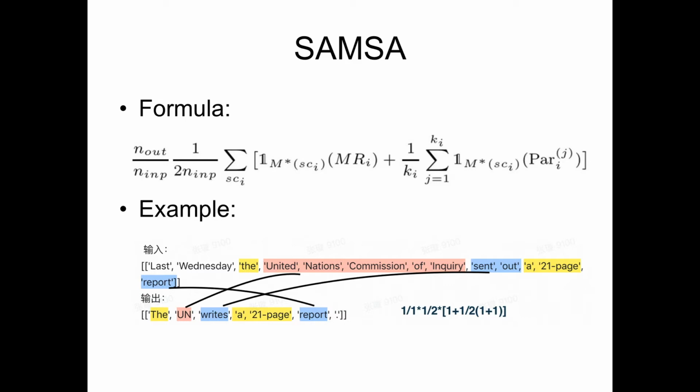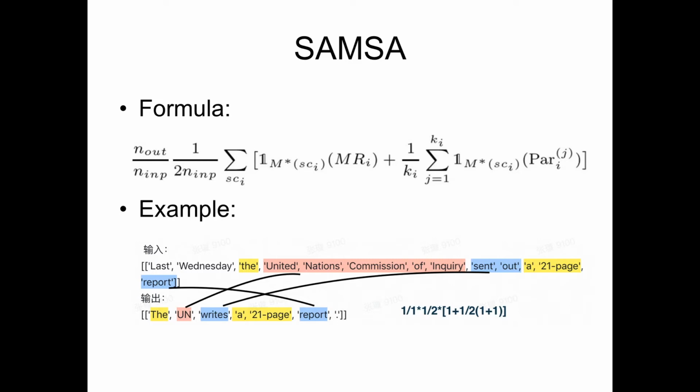The input sentence is "Last Wednesday, the United Nations Commission of Inquiry sent out a 121-page report." The output sentence is "The UN writes a 21-page report."